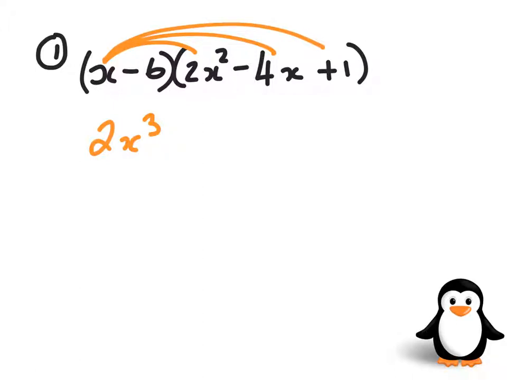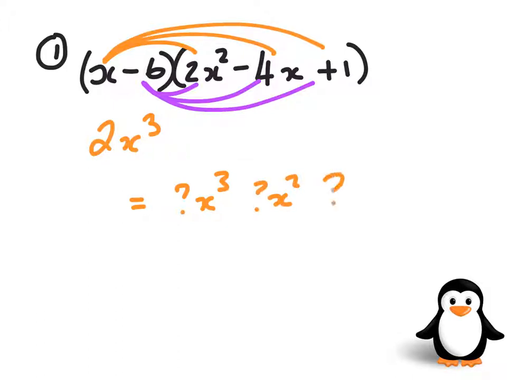And then we're going to multiply by the negative 6 times the 2x squared, negative 6 times negative 4, and lastly negative 6 times the 1, and we're going to tidy the whole thing up to get so many x cubed, so many x squareds, so many x's, and then a number at the end.